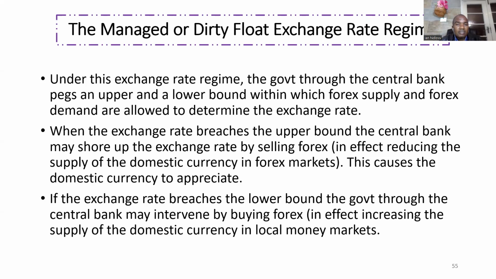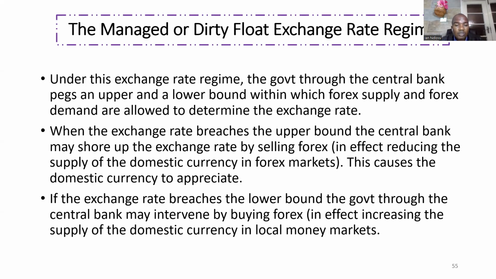But in a dirty float or managed float exchange rate regime, there is an upper and a lower limit. So if the currency is firming too much, strengthening too much and hurting exports, the government will buy Forex, thereby making the domestic currency, or domestic currency denominated financial instruments, freely available.